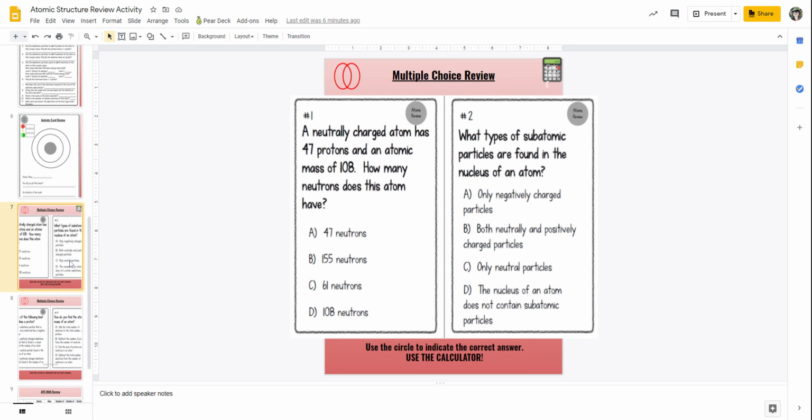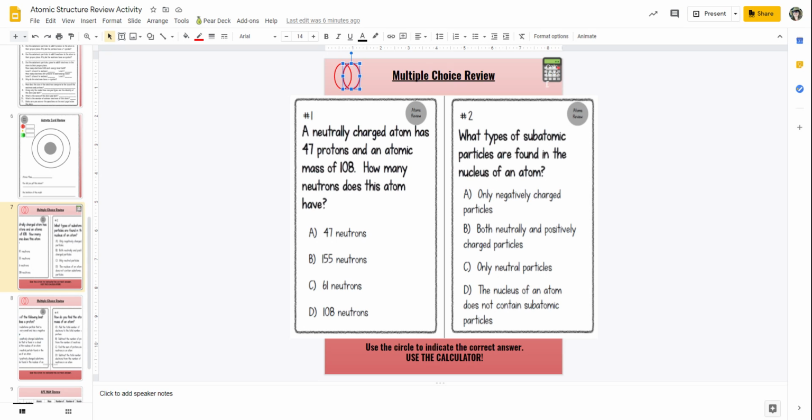review. So there's only 4 multiple choice questions, 2 on each page, and you're going to use these circles to circle the correct answer. For this one, number 1, you definitely should use a calculator. Please remember that I don't want you to miss a question just because you made a small math error.